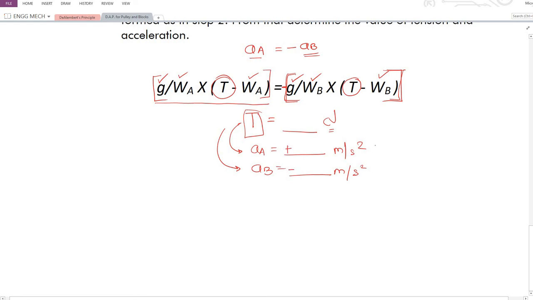Remember this: when you calculate the acceleration term using the value of T, if your answer comes out positive in the first try, then it means that whatever direction of motion you had assumed is correct. In case the value comes out negative, the assumed direction was wrong. At both points we mentioned the upward direction, but acceleration came out positive in the first calculation itself, so whatever we had assumed is correct.